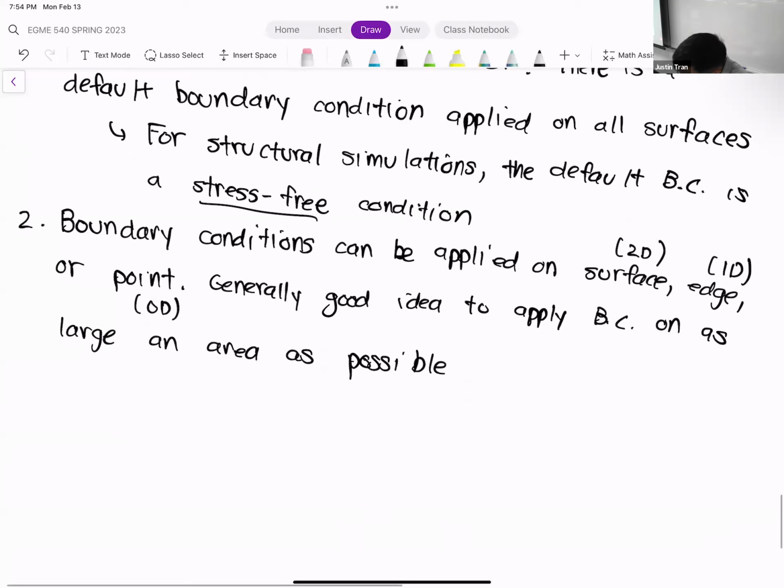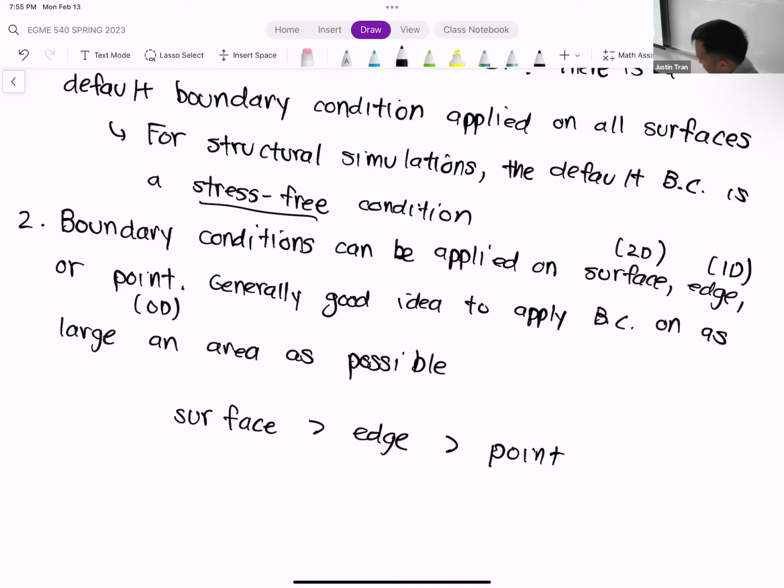And so what this means is that a surface is often the most preferable. That's more preferable than an edge, which is more preferable than a point. That's not to say you can't apply boundary conditions on edges and points, and sometimes that's what makes the most sense. But if you have the choice of choosing a surface, an edge, or a point, generally you want to do the surface.